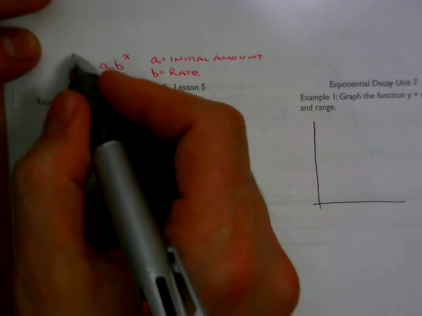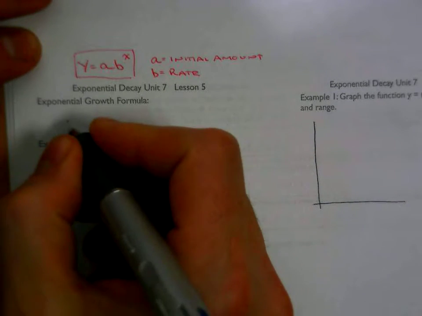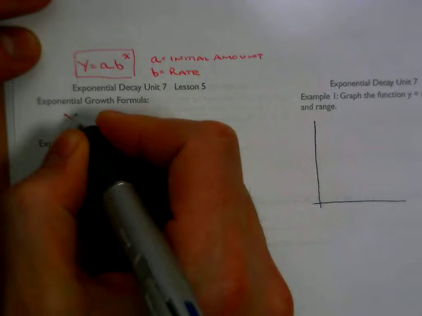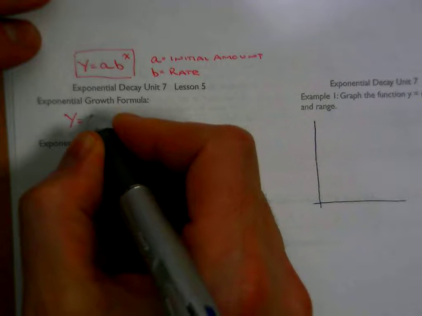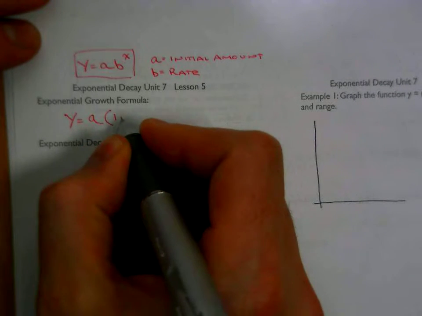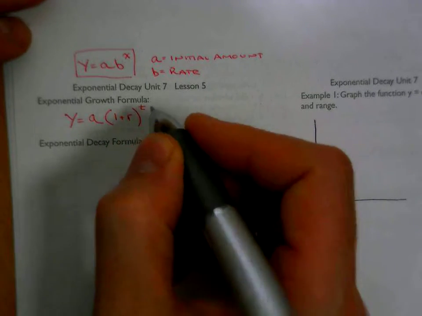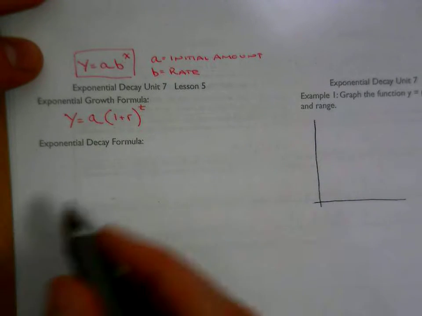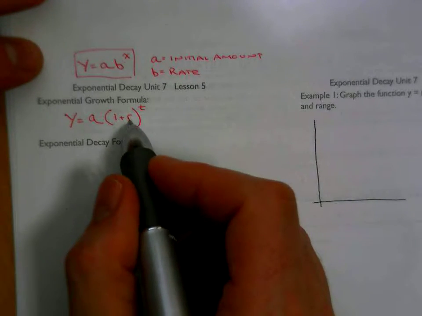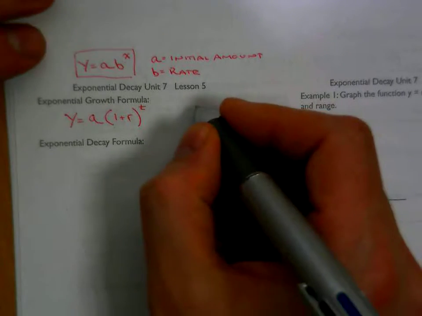Now, both of these formulas are based off of our original y equals a times b to the x. Exponential growth is y equals a times 1 plus the rate to the t power. Again, a still stands for the initial amount, r stands for the rate in this case, but typically what will happen is you'll be given a percent increase.